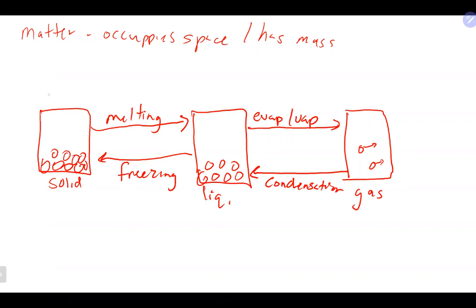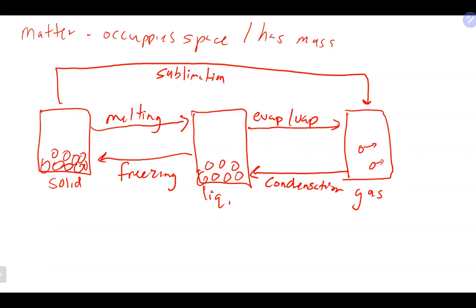As we go from solid, skipping the liquid part and ending there at the gas part, that is what is known as sublimation. And lastly, as we go from the gas part, once again skipping the liquid part and ending up there in the solid spot, that is what is known as deposition, like you're depositing something on it.